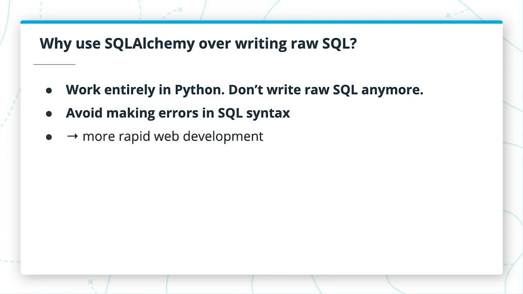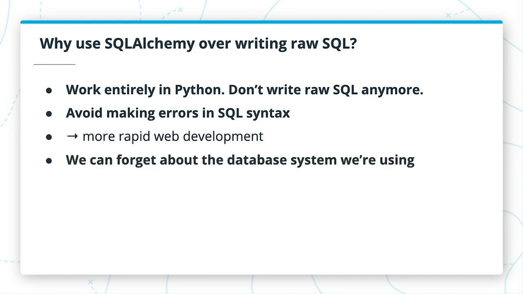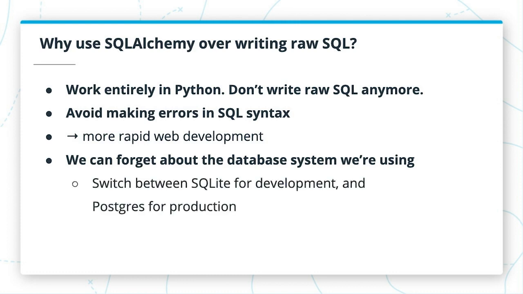Writing less error-prone code leads to more rapid web development. And we can generally just forget about the database system that we're using. A very common practice is that we can switch between using a lighter database system, such as SQLite for development, and when we want to deploy to production, we can then use a heavier-handed database system like Postgres.